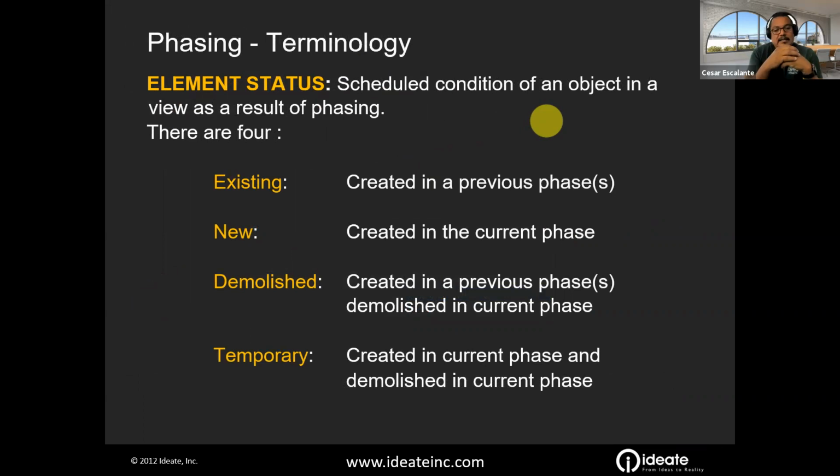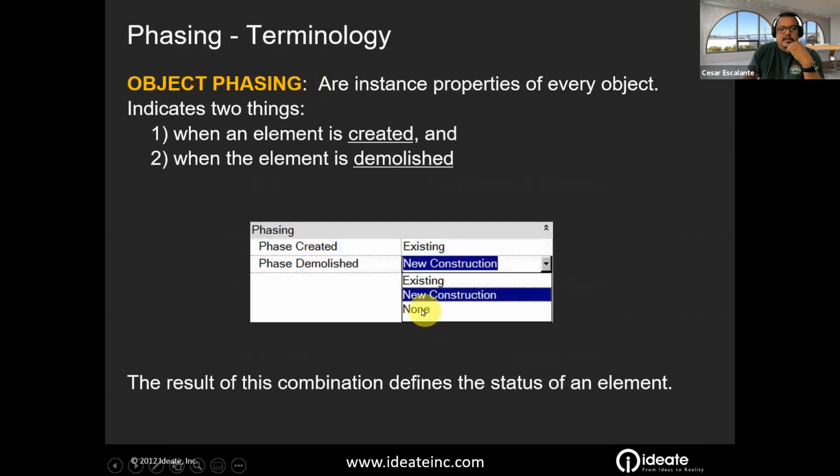So the status of an element is the condition of an object in a view as a result of the phasing. For example, existing objects are objects created in a previous phase, and they don't disappear in the project. They were just created in the previous phase, and if I go back to the previous one, see how phase demolished says none here.